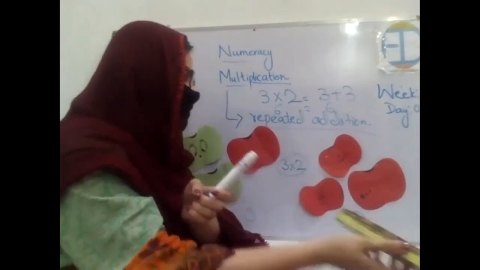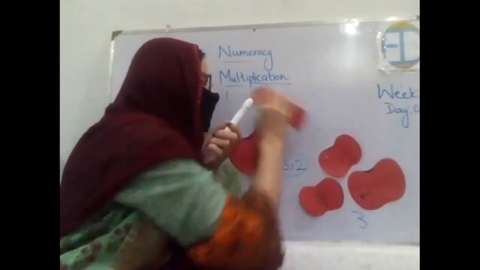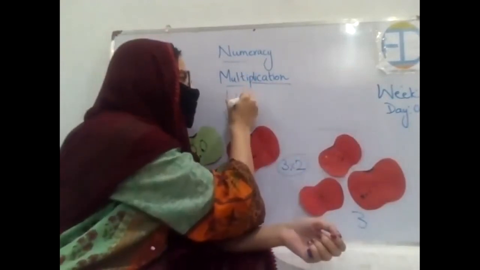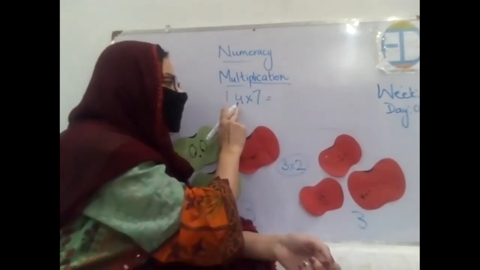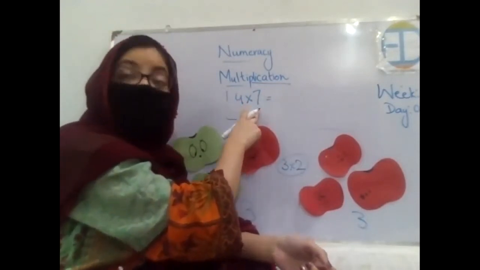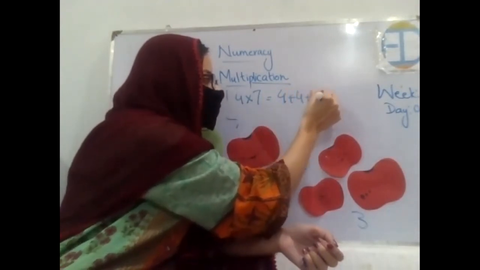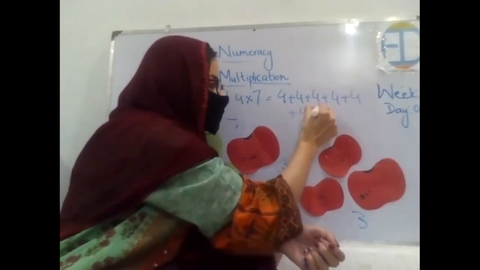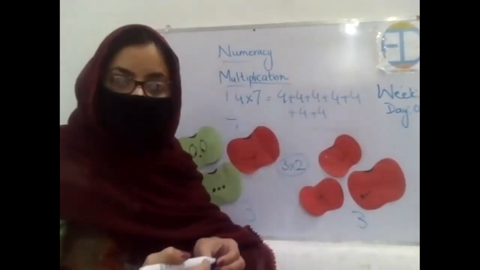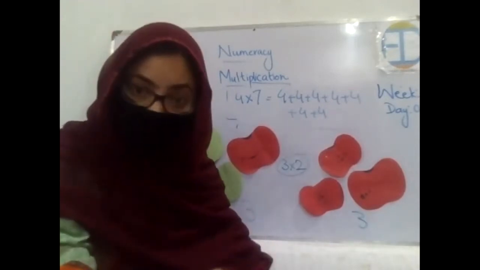Let's say somebody asks you to please find the answer of 4 multiplied by 7. This means that you are supposed to add 4 to itself how many times? 7 times. 4 plus 4, 4, 4, 7. Got it? So this is repeated addition.